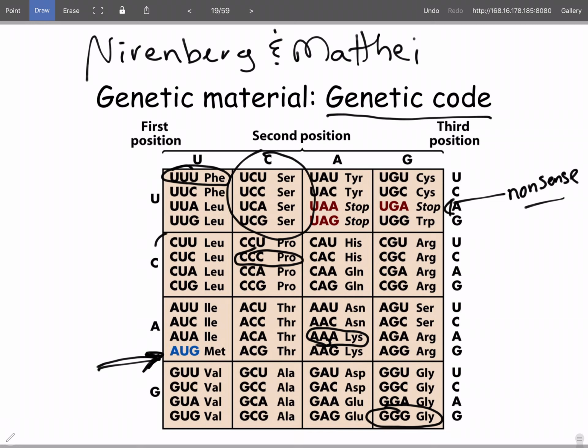Say, for example, and I'm going to use this as an example, we look at this leucine here, CU and then whatever. Let's just say that if you're human, and I don't know if this is true or not, I'm making it up, but it's just for an example, humans might use this codon 95% of the time, and those other codons the rest of the 5% of the time, okay?